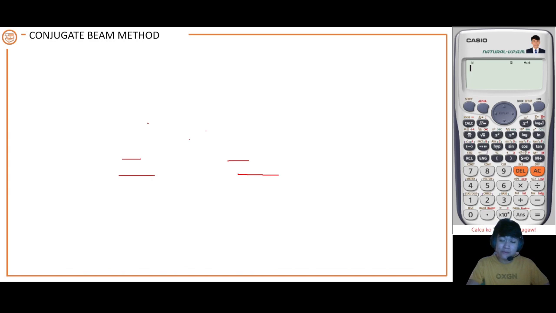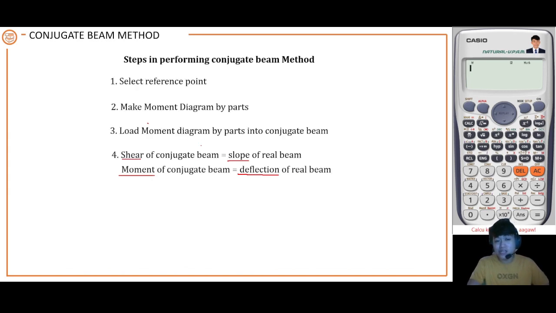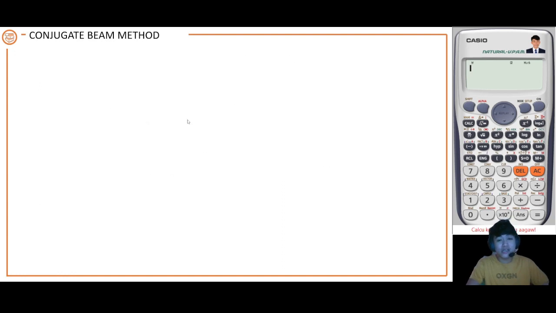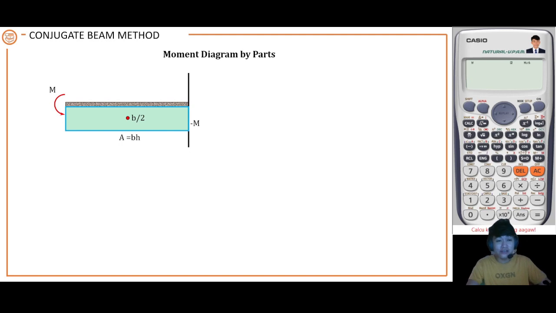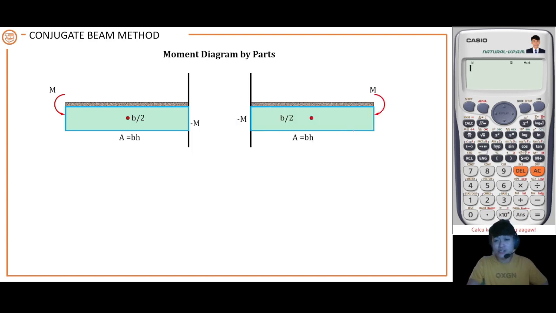Anyway, before we solve the sample problem, let's recall first how we draw the moment diagram by parts. Okay, the important loadings such as the concentrated moment. Take note, if you have a concentrated moment, that is just a rectangular moment diagram by parts. The same with a concentrated moment which causes the beam to bend in negative bending.